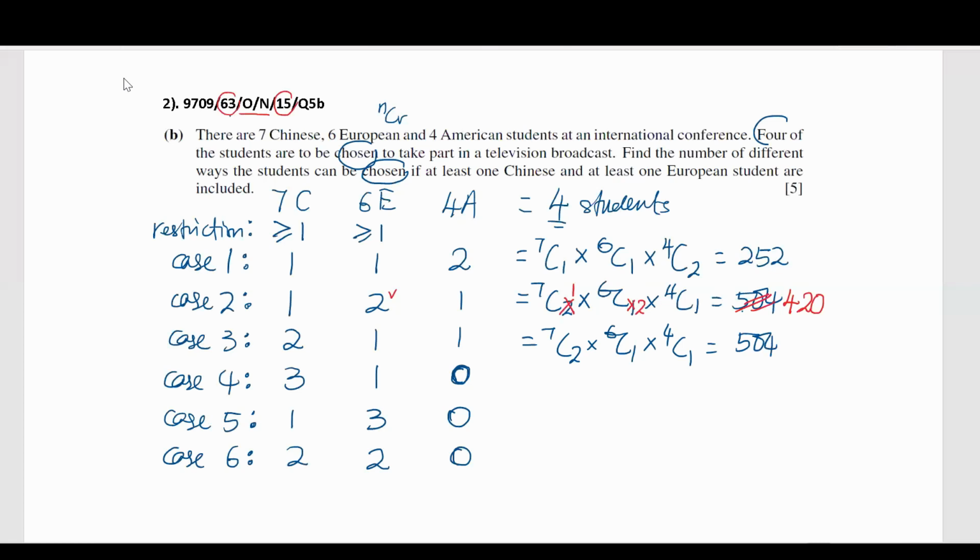Okay, then we continue. Case 4, there are 7C3 ways and 6C1 ways and 4C0. Okay, just be aware that if you have nC0, it's always going to be 1 way. All right, so if you don't write it down, it's fine.